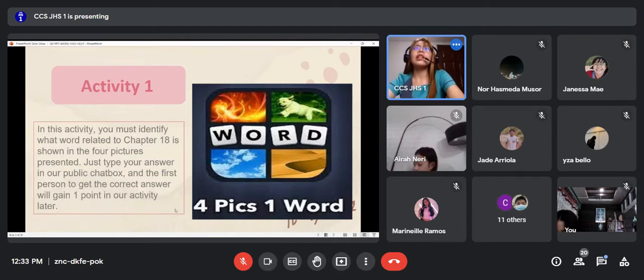For this activity, you must identify what word related to chapter 18 is shown in the four pictures presented. Just type your answer in our public chat box, and the first person to get the correct answer will get 1,000 pesos. Okay, joke. You will gain 1 point in our activity later.